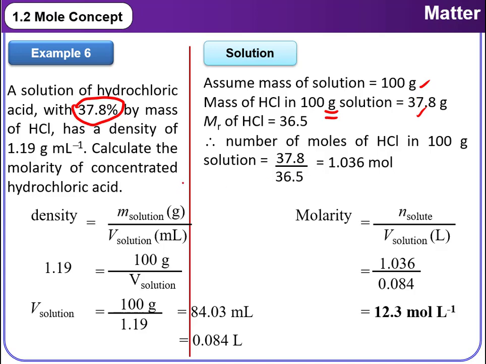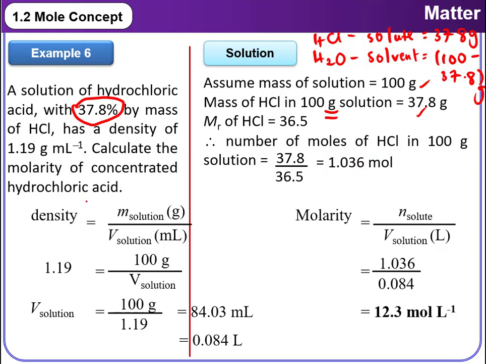How about the mass of water, the solvent? HCl is the solute, which is 37.8 gram. Solution is 100. Right. Water, the solvent, will be 100 minus 37.8 gram.